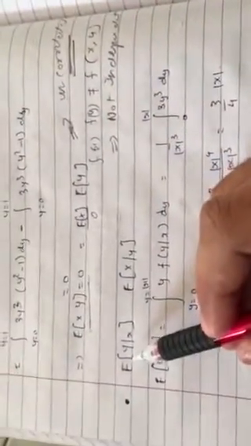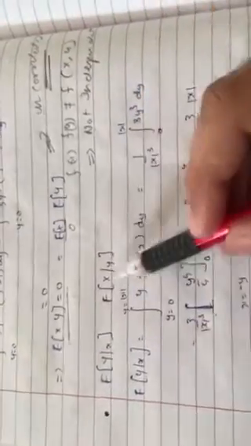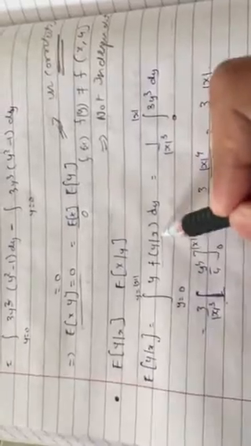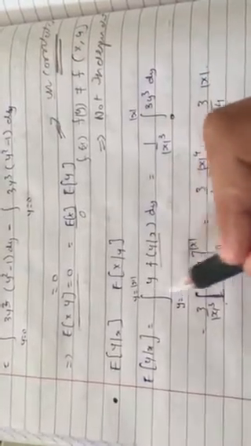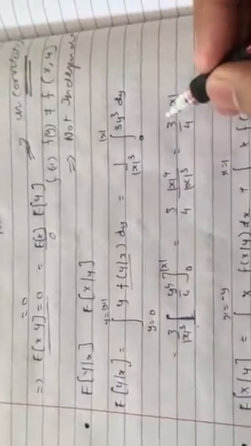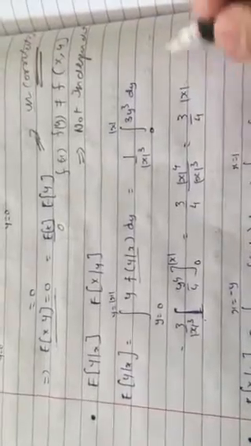Now, we need to find E of y given x and E of x given y. For y given x, we have this function f of y given x, y, integrating it over y, we get the conditional mean as 3 by 4 mod x.